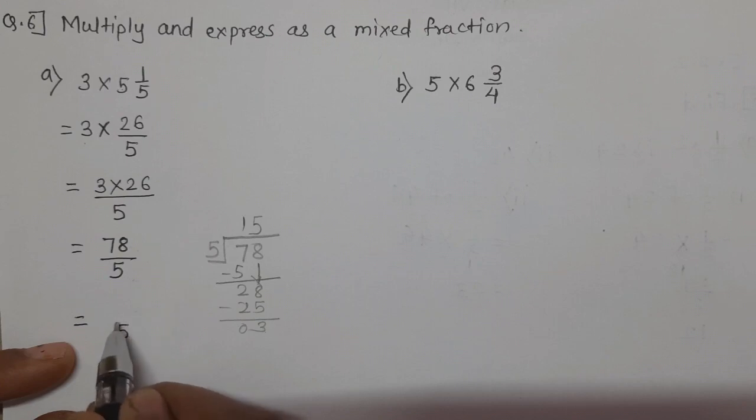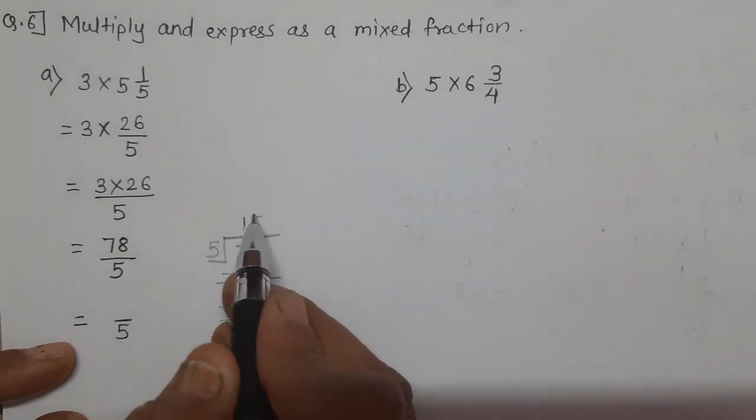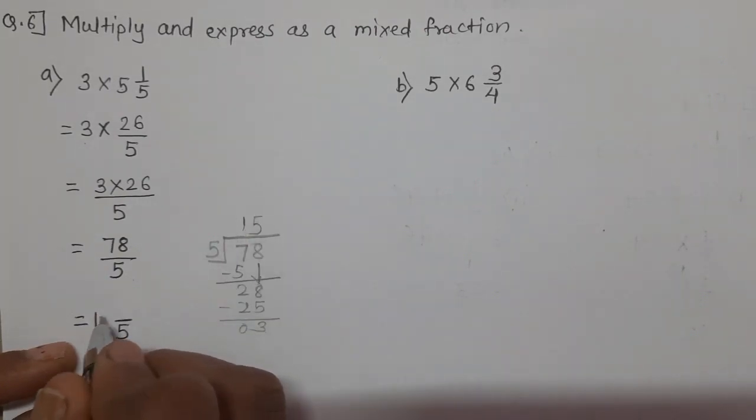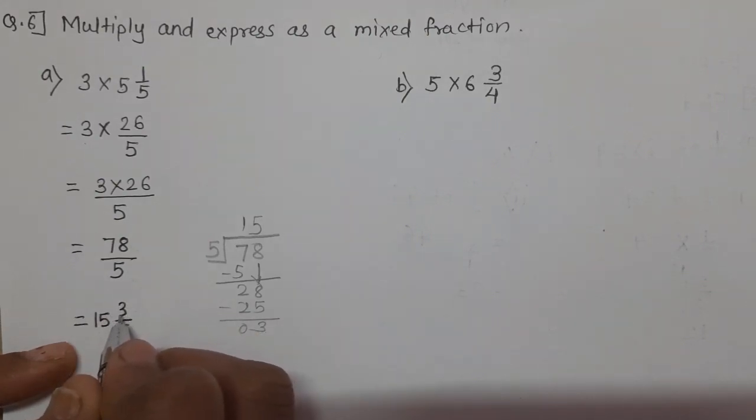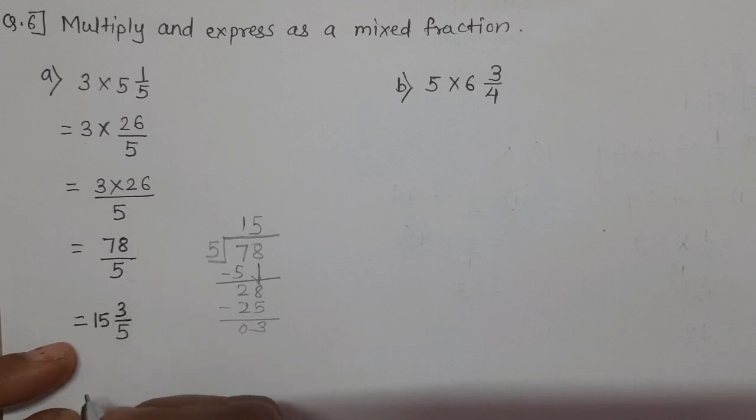Denominator write 5, this answer quotient we got, that is the whole number part, okay, and remainder that is the numerator place, okay. See, 15 5s are 75, 75 plus 3, 78.